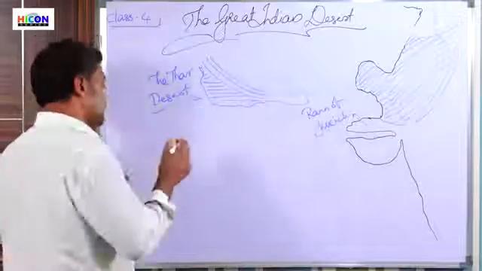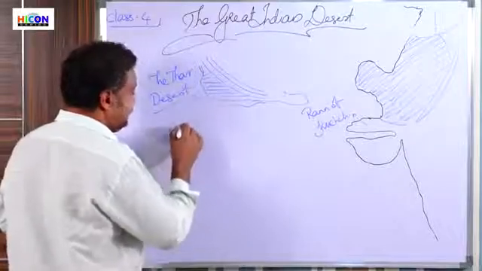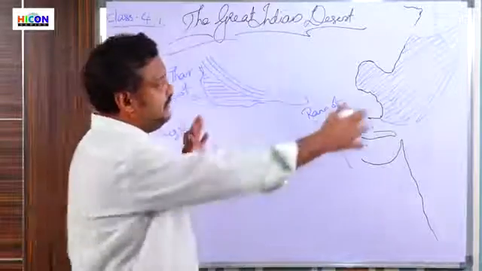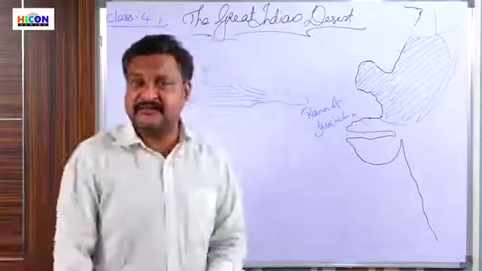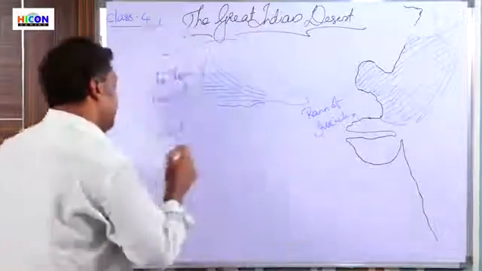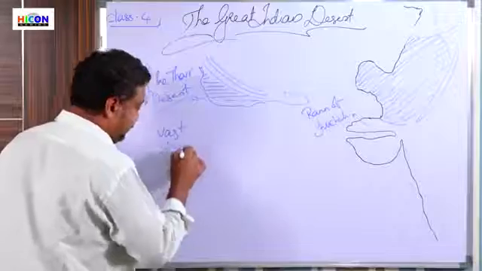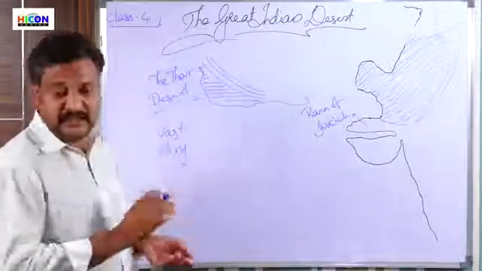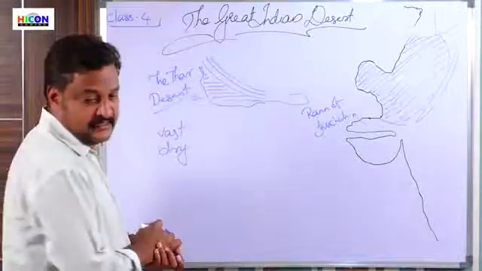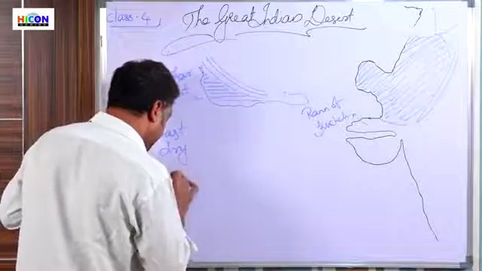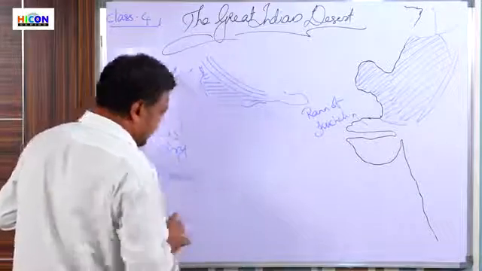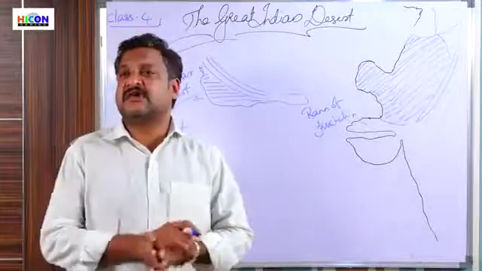This is vast. It's very vast, isn't it? It's a very long area in this Thar Desert. It is dry. Yes, it's a desert, so definitely it will be dry. Then sandy. Deserts will not have fertile soil, isn't it?